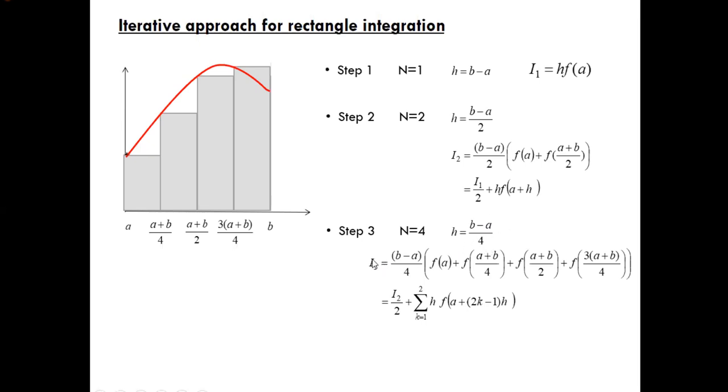So here I3 is equal to (B minus A) over 4, multiplied by f of A plus f of A plus (B minus A) over 4 plus f of A plus (B minus A) over 2 plus f of A plus 3(B minus A) over 4, these 4 points here.